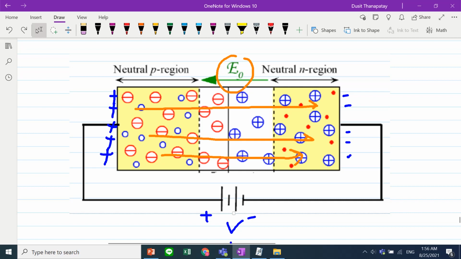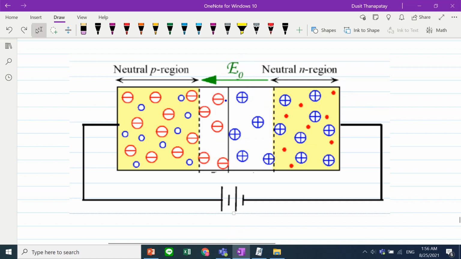So if this voltage is great enough, it makes a cancellation between the external electric field and the built-in electric field. For example, if the intensity of this electric field is something like this, and this side is this one, they cancel together.